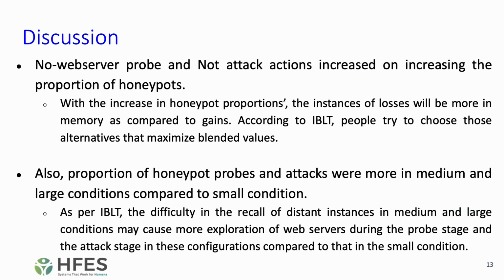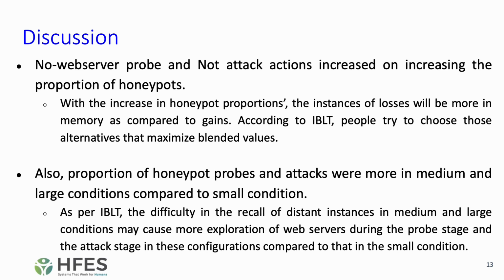Overall, we found that the no-web-server-probe and the not-attack decisions increased significantly on increasing the proportion of honeypots. One possible reason is that, as per instance-based learning theory, people try to choose those options that maximize their rewards or blended value.